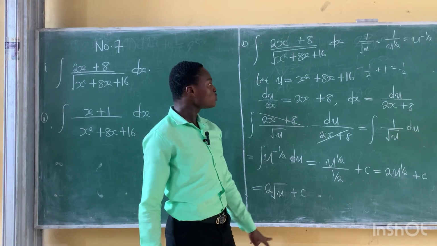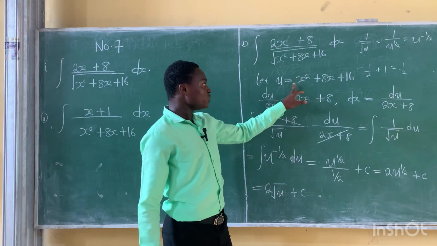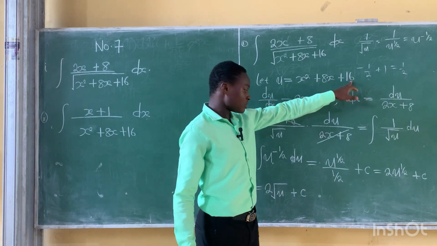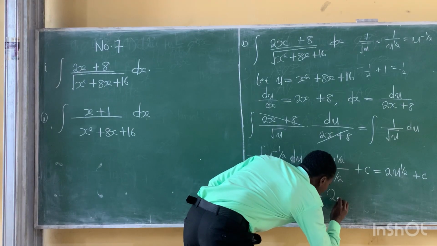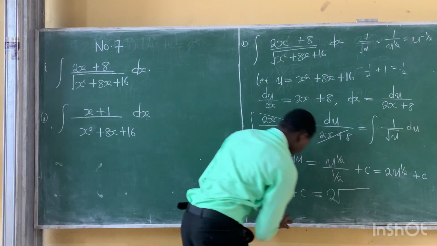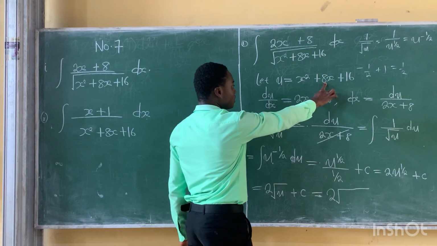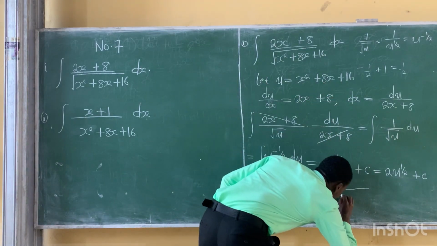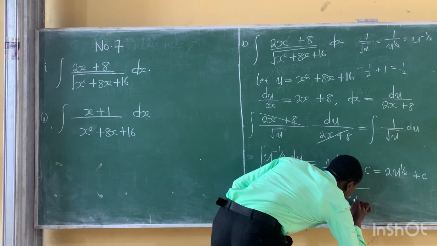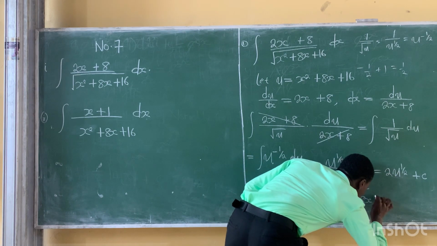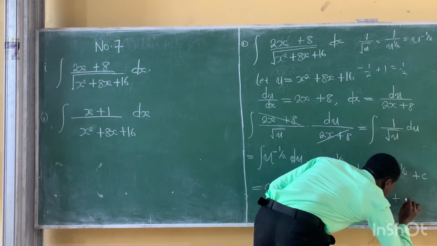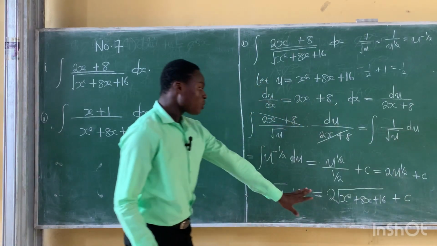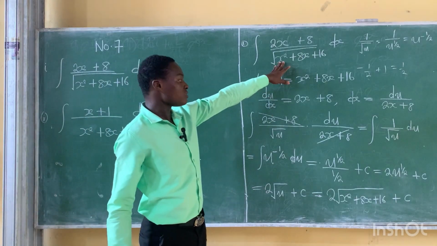So we need to substitute back the value of u, which is x squared plus 8x plus 16, so that we are going to have 2 square root of x squared plus 8x plus 16, then plus our constant of integration c. And this becomes the answer to that given integral.